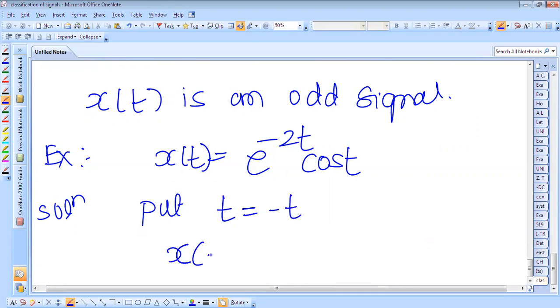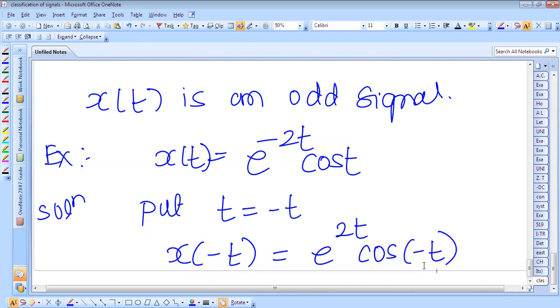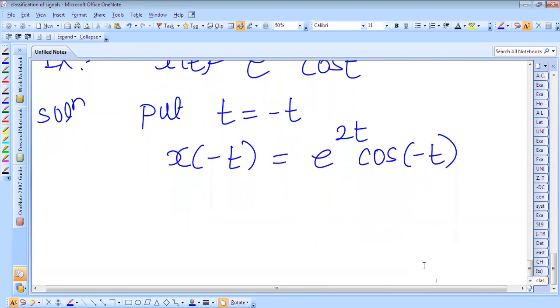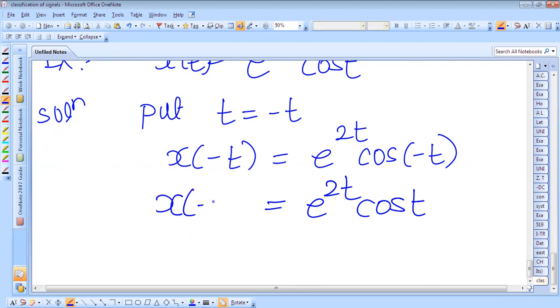So x of minus t is equal to e raised to power 2t into cos of minus t. After putting t is equal to minus t, this value becomes e raised to power 2t, and cos of minus t is cos t, and therefore this is x of minus t.